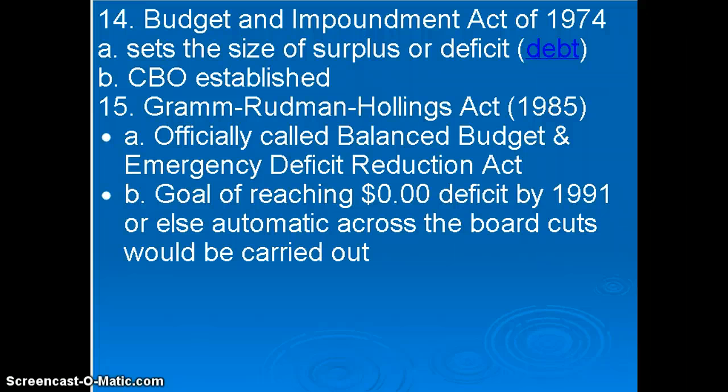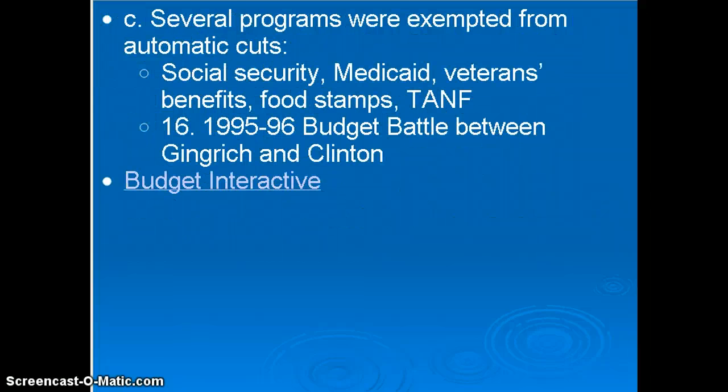The Gramm-Rudman-Hollings Act was passed in 1985. It was to reduce the deficit. Basically, the goal was to get down to no deficit and run close to a surplus. If they didn't make the goal, they had to have across-the-board cuts, except for Social Security, Medicaid, veterans benefits, food stamps, and temporary assistance for needy families, which is what welfare reform was.